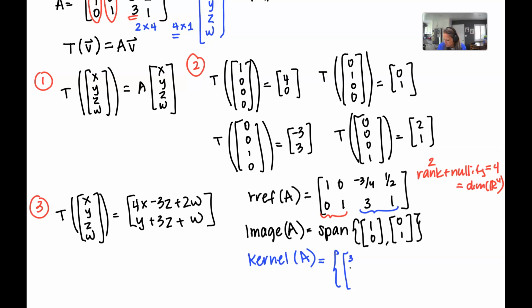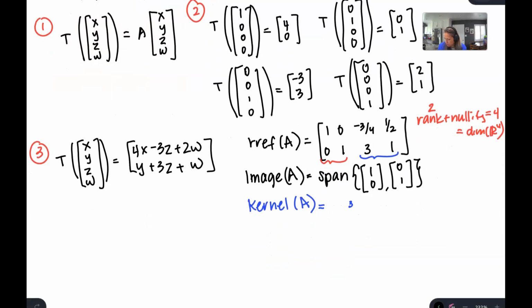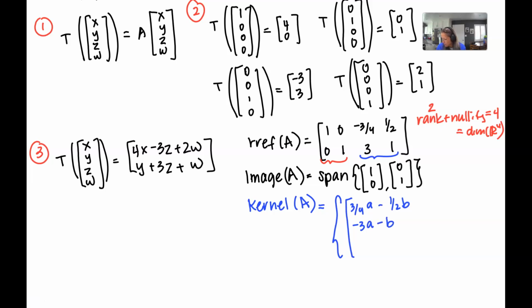So we're going to have, oops, I need to make this way longer. Let's scroll. Right, the kernel is going to be in R4, so we have 3/4 A plus 1/2 B, minus 1/2, negative 3A minus B, A, B for A and B within the reals, right?